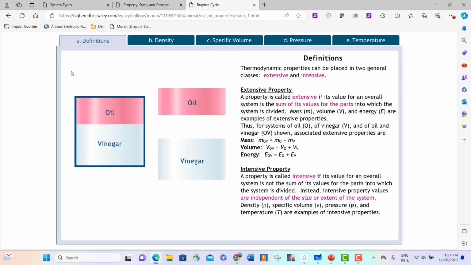And then you've got intensive, which is where the value for an overall system is not the sum of its parts, right? And so you've got density, specific volume, pressure, temperature. It doesn't matter how big the system is. You can't add up all of its parts to get a value if it's an intensive property, it's not going to work. But you can do that for an extensive property.